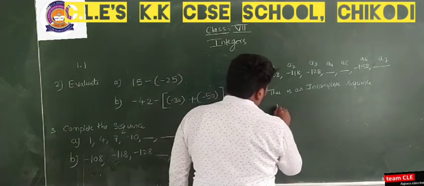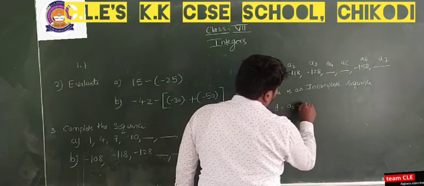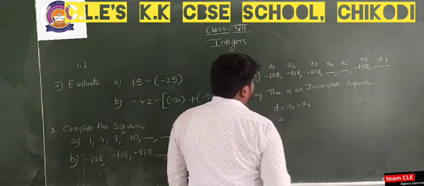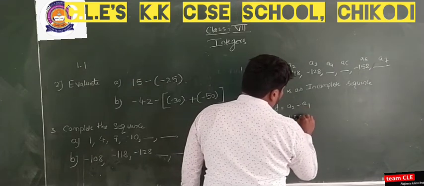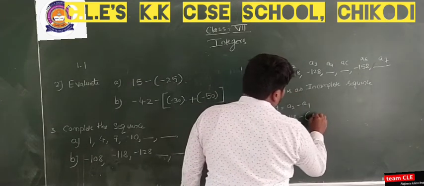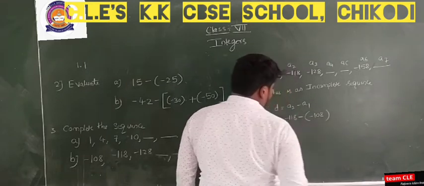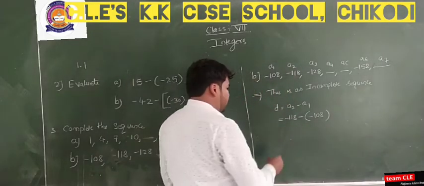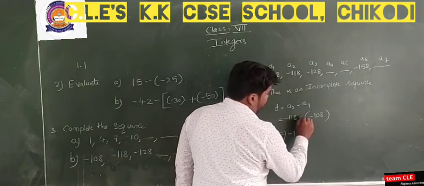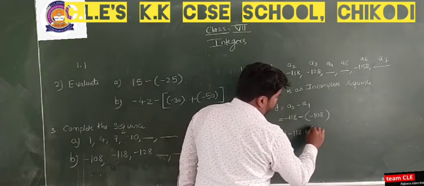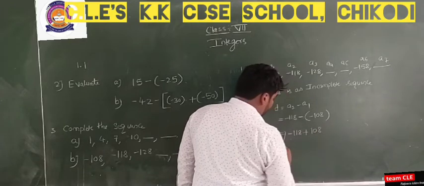See here, D equals A2 minus A1. A2 is minus 118, the minus sign stays, next is minus of 108. Minus 118 as it is, minus into minus is plus, plus 108.